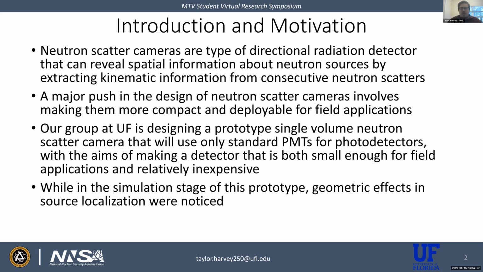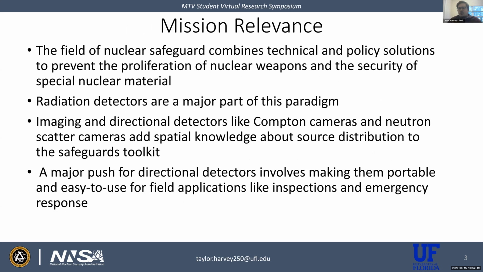This presentation today will focus on a quirky subject that I found while doing the simulations, and that's some geometric effects that we didn't necessarily anticipate at first. A little bit on the relevance of directional neutron detectors in general. Safeguards, of course, uses technical and policy solutions to prevent the proliferation of nuclear weapons, and radiation detectors are a major part of this.